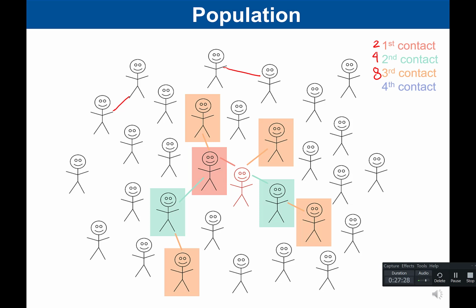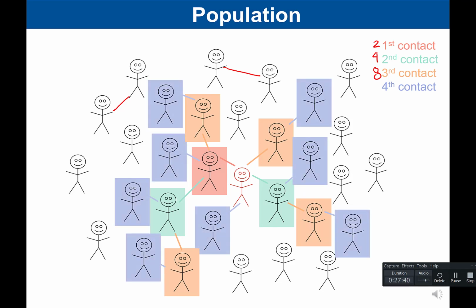Now we have another round, right? We have another night of the party, and people hook up with other people. And so now we have a 4th contact.